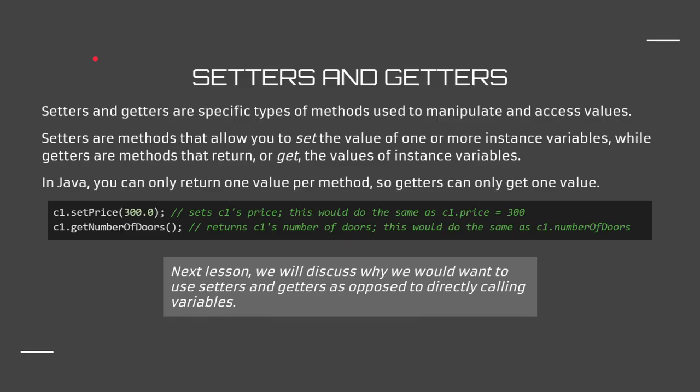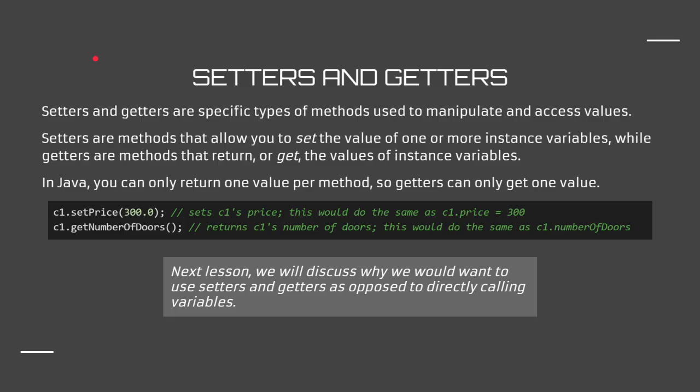So, they're still just methods that do something or methods that return something. We just give them special names because we use them for specific purposes, which is for setting member variables or returning member variables. So the name is arbitrary, but we use methods that do these things a lot.